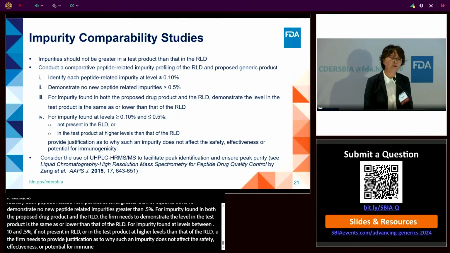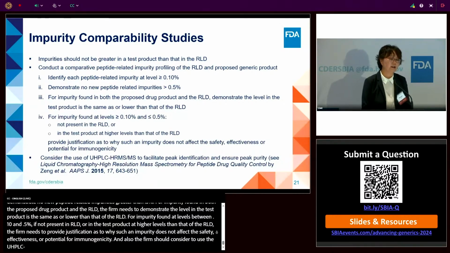And also the firm should consider to use the UHPLC high-resolution MS to facilitate peak identification and ensure peak purity.